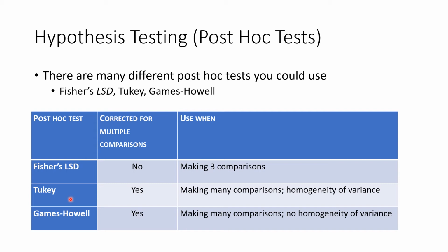Now, of course, that's going to change your interpretation, because a larger p-value means you're going to have less compelling evidence for a difference. These are more conservative. They're less likely to find compelling evidence of an effect, and a Fisher's LSD is more likely to find compelling evidence of an effect. And you should just know this when you're choosing them and when you're reading research.